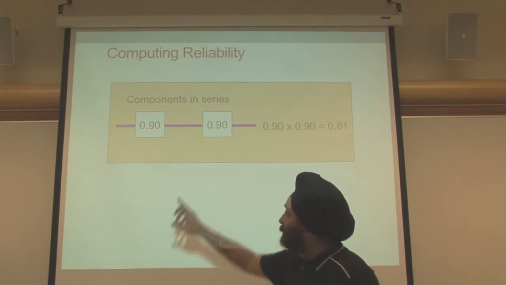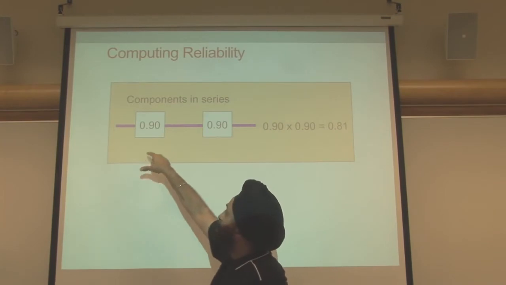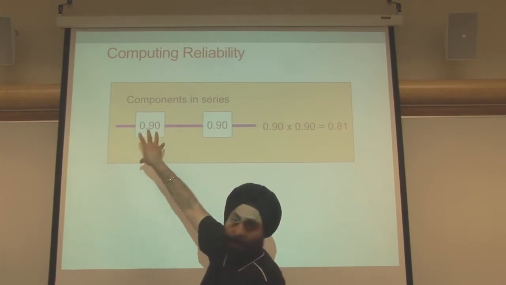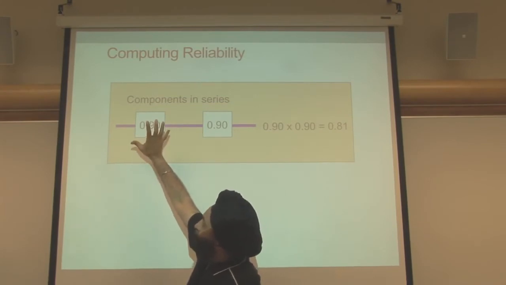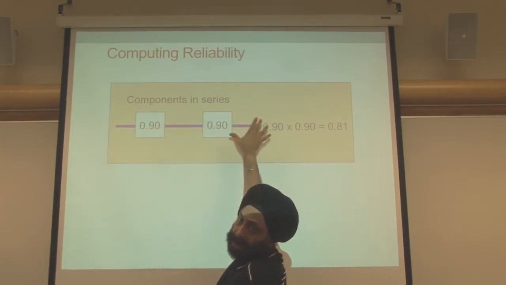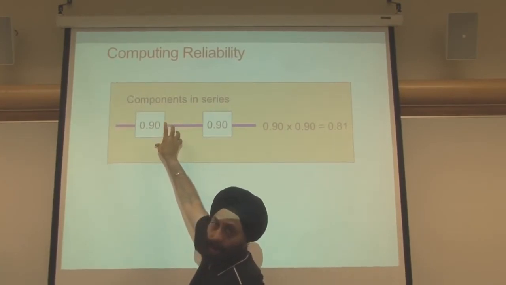The reason the reliability of the entire system reduces is that, in order for the system to work, both the first component as well as the second component must work. So the key word over here is "and."